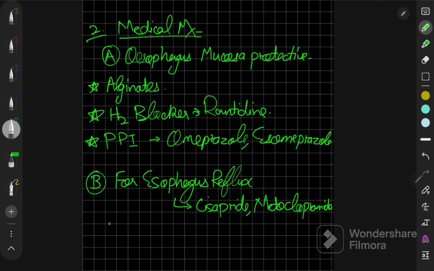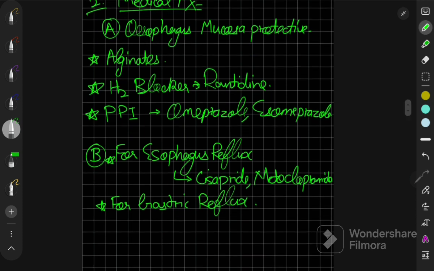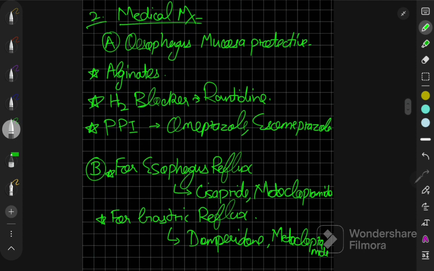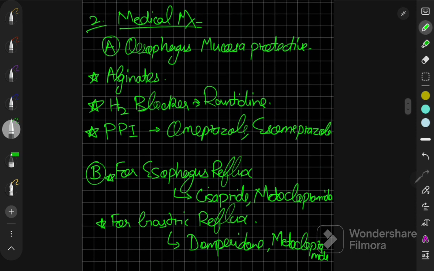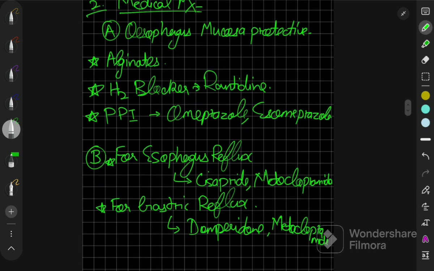And for gastric reflux, we have domperidone, and we have metoclopramide. Esophagus protectives, reflux preventions.